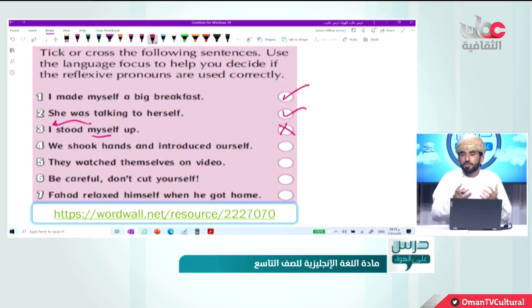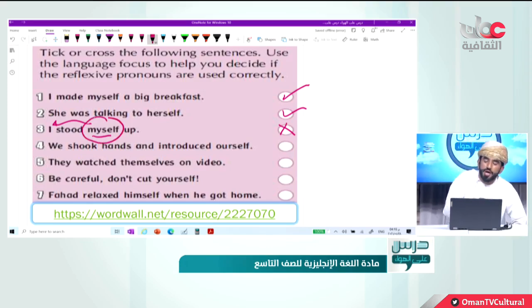They use, for example, to relax. If you do very hard work, what should you do next? You have to relax yourself. Am I right? So sometimes when there are actions that people usually do, we don't use a reflexive pronoun. We say, I stood up, and that's it. Why? Because standing is an action that people usually do all the time. We don't have to use a reflexive pronoun.